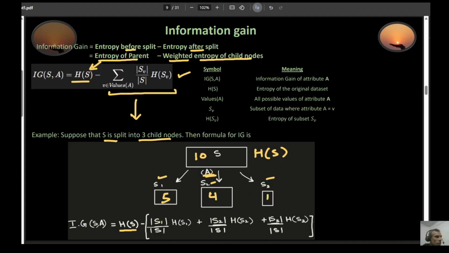So in this case, your size of S1 would be 5, and the size of your S, that would be 10, times entropy of S1 plus size of S2, in this case size of S2 is 4, divided by size of S, that would be 10 again, times entropy of S2 plus size of S3, in this case size of S3 is 1, divided by the size of S, in this case that would be 10, times entropy of S3. So this is the expression for information gain when you split S based on the attribute A into different subsets.